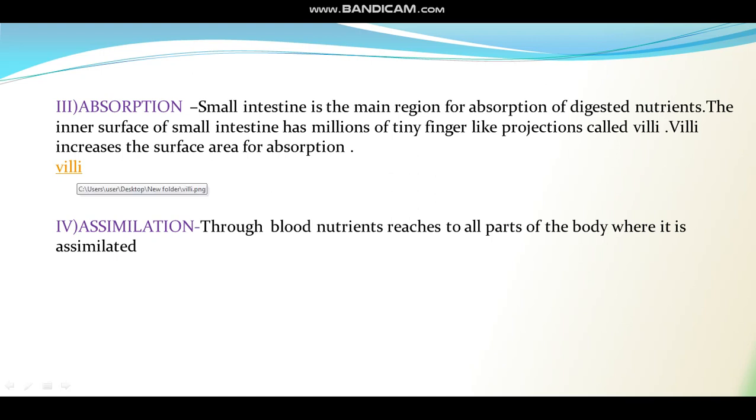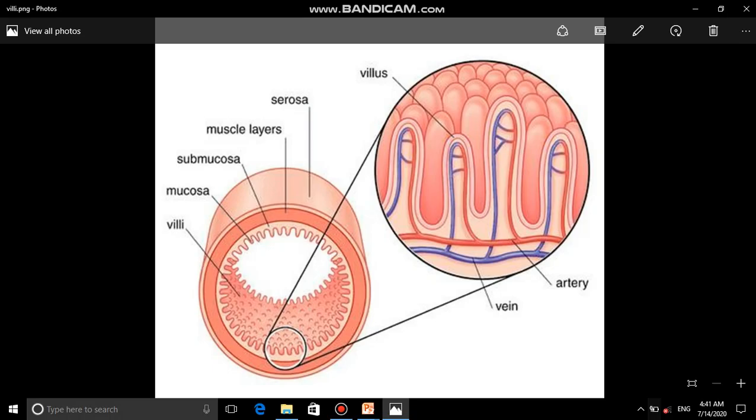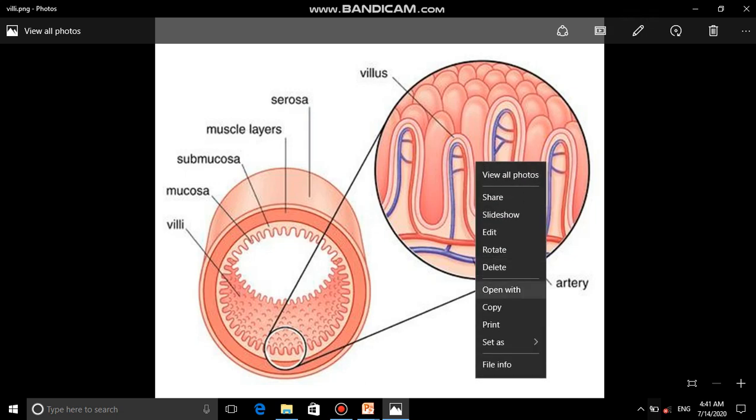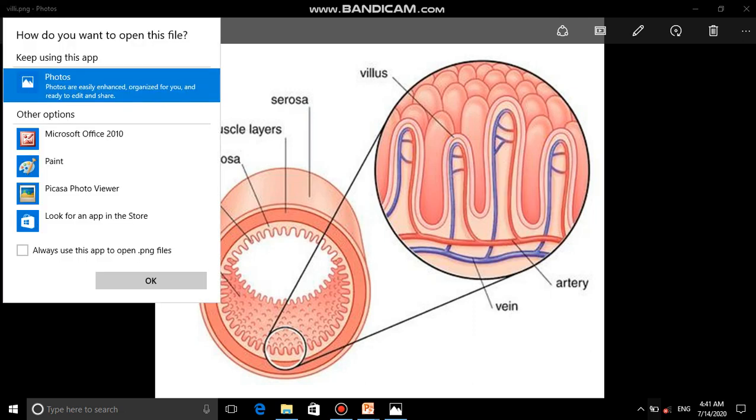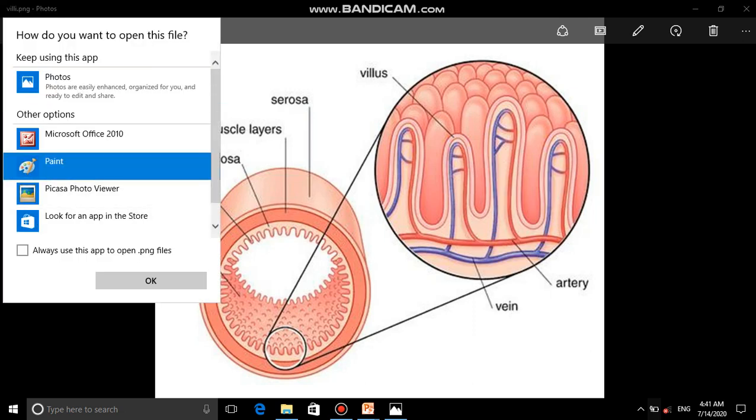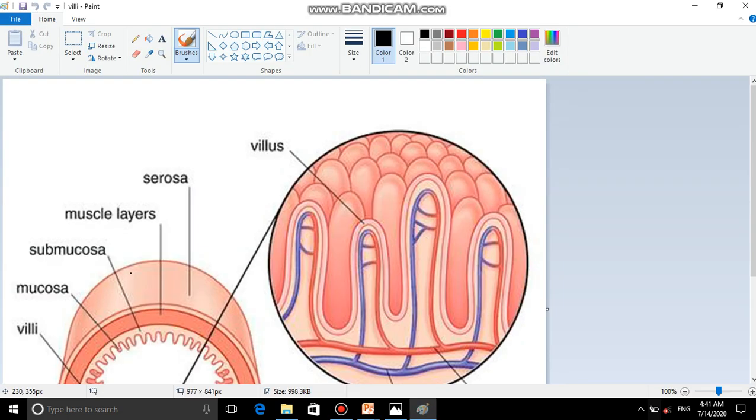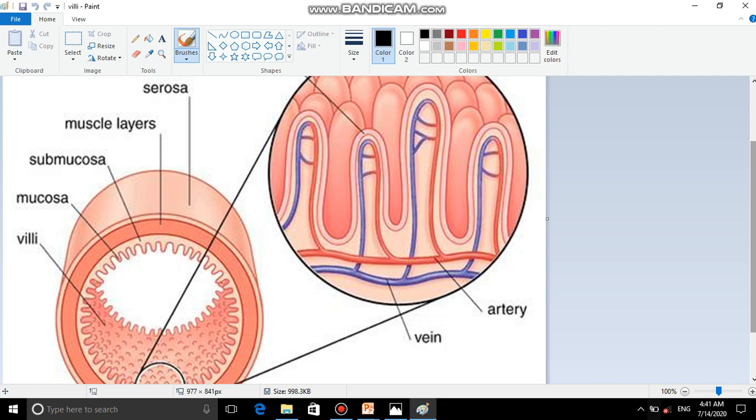Let us have a look at the diagram of villi. Now, you can see here the diagram of villi. Now, this one is the wall of small intestine.